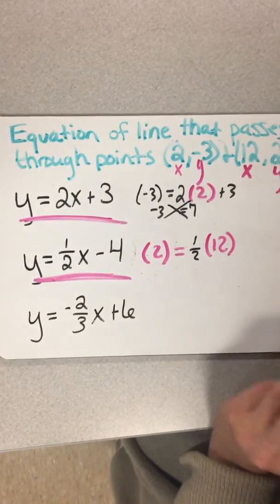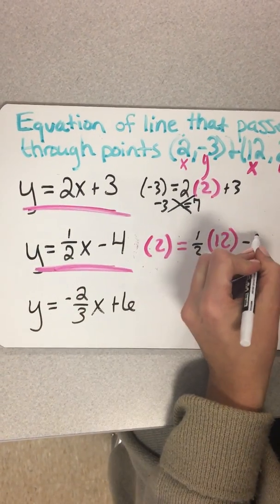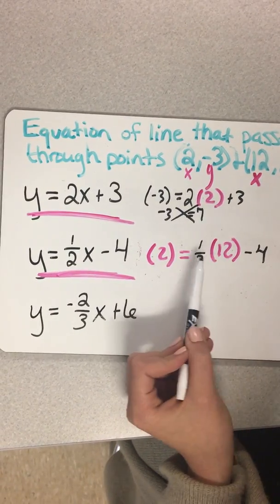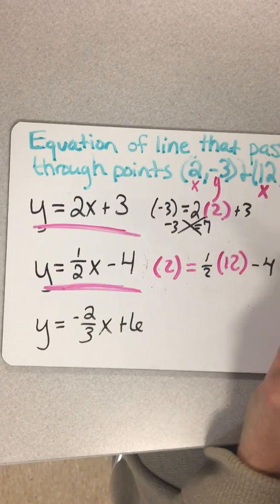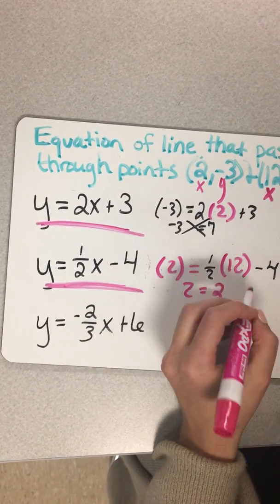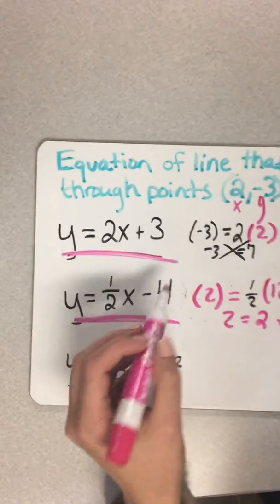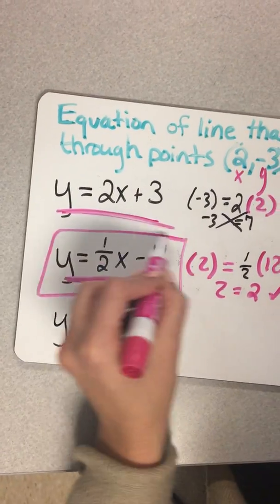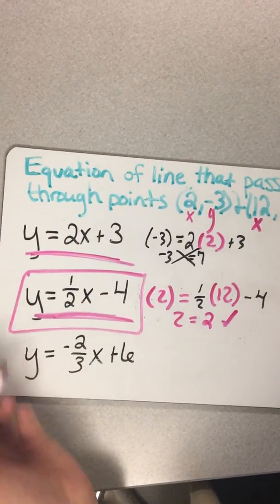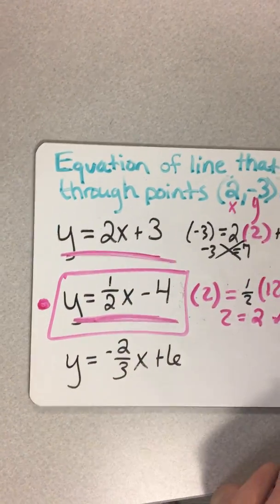So 12 in for x, and then there's a -4. Plug it in your calculator. 1/2 times 12 is 6, and 6 minus 4 is 2. So I get 2 equals 2, which works. So I just found an equation that works when I plug both of these points in. So if this is a multiple choice question, this would be your answer.